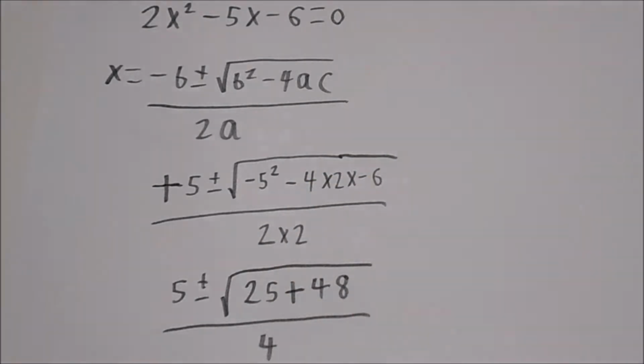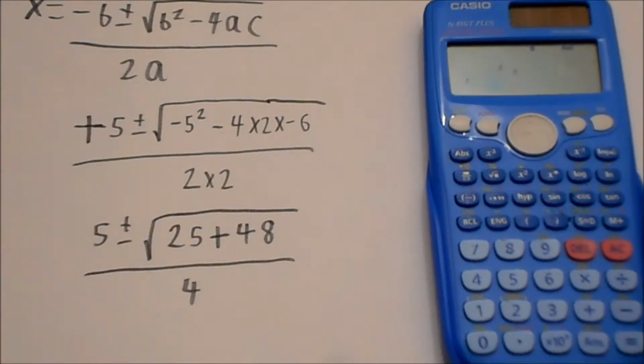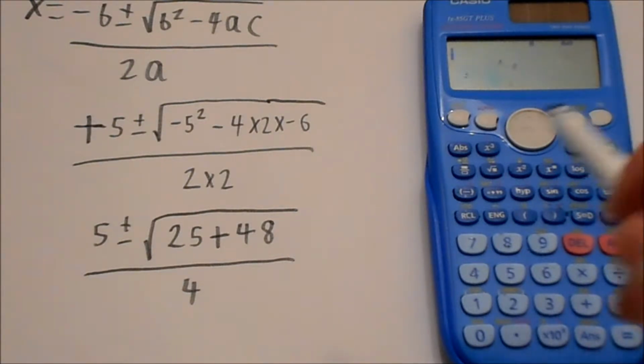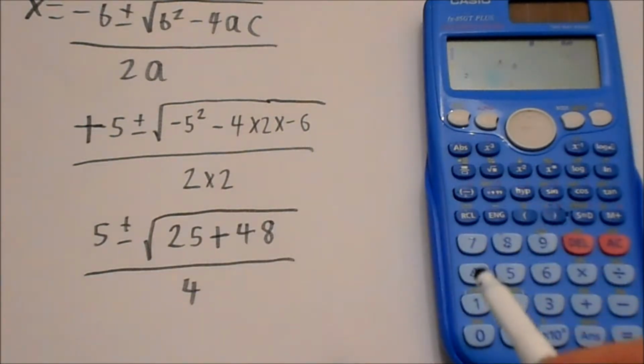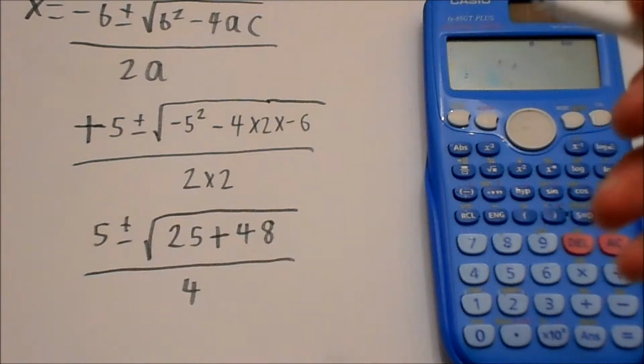So this is a lot simpler now. So to solve this, we'll need a calculator. So we have 25 plus 48, which is 73.